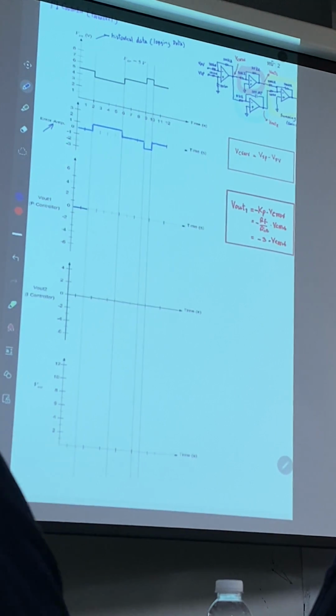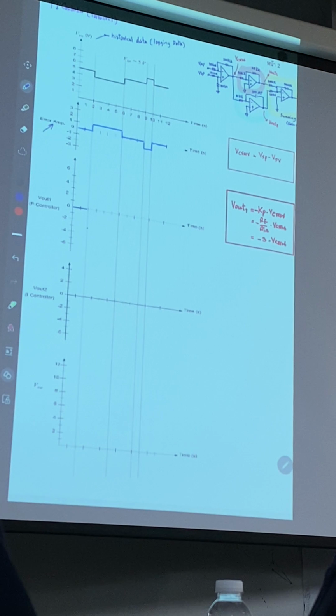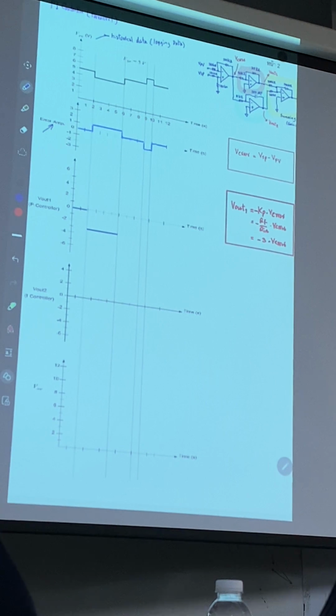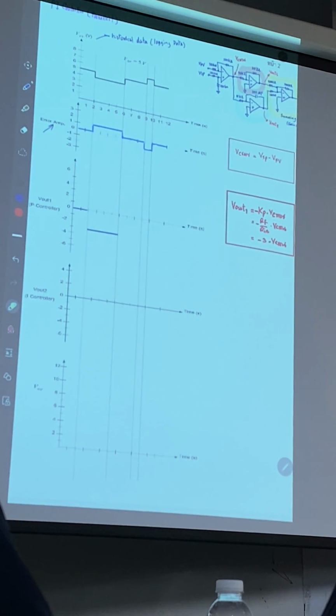So minus 3 is here. The next interval here you have 0. So you have the error of 0 volt times minus 3. You will get another 0 here.